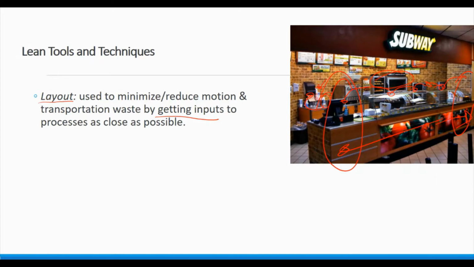The person working for Subway is able to get all the different raw materials very quickly in order to serve you the most efficient way. So layout, if you plan properly, layout is a very strong tool of Lean in which things are done quicker. You don't have to move as much. And so you're more efficient in providing the product or the service to the customer.